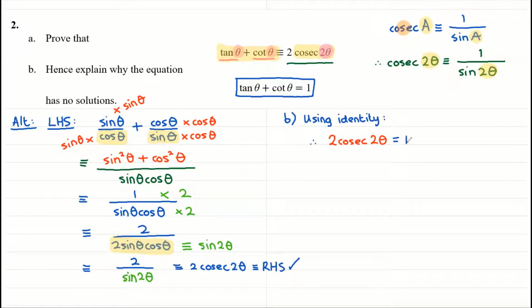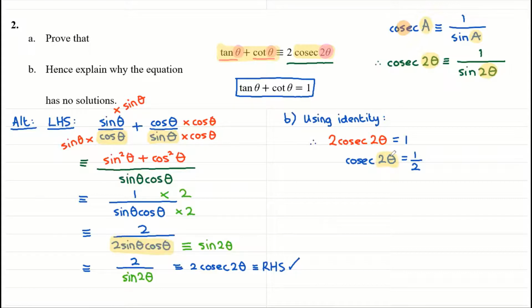And if we divide both sides by 2, we get cosec 2 theta is equal to 1/2. Now, you'll know from the graph sketching work you've done, cosec is not defined in that interval. Now, the 2 theta doesn't matter because it's a transformation in the x direction. It doesn't affect the range of the function whatsoever.